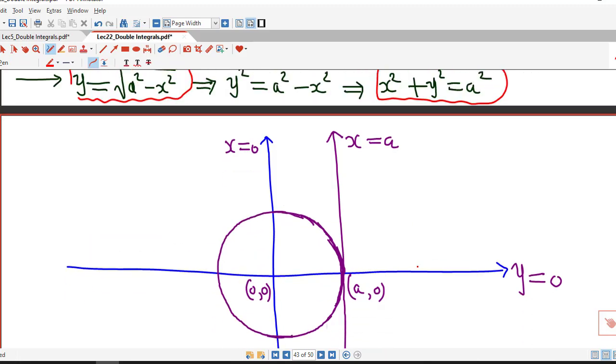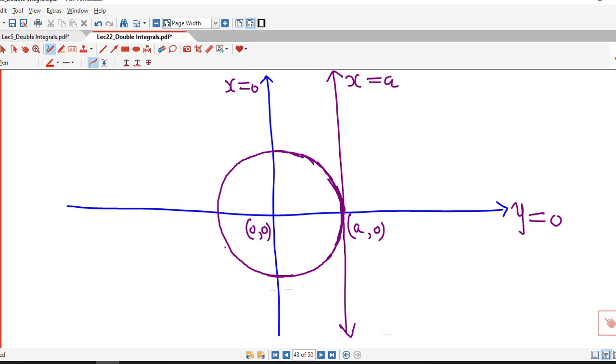We have already sketched this circle x square plus y square equal to a square to save the time. So this is the circle x square plus y square equal to a square. It will intersect this line x equal to a at point a,0, and the polar equation of this circle is r equal to a.